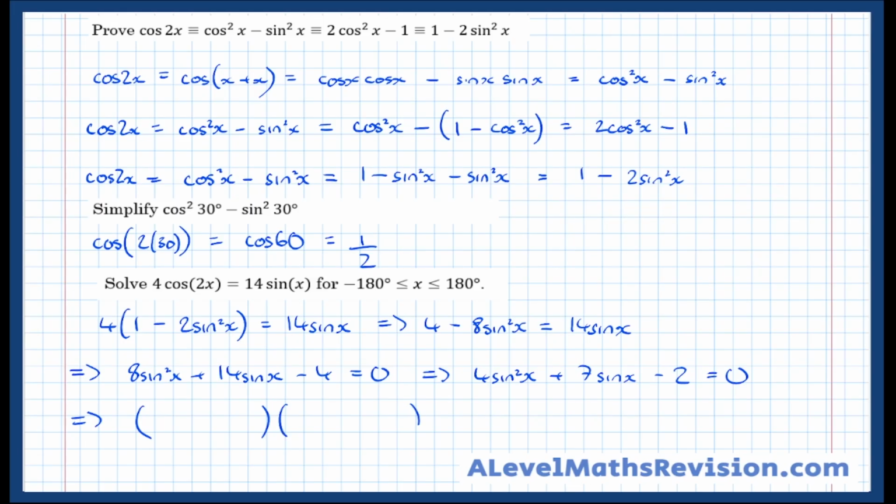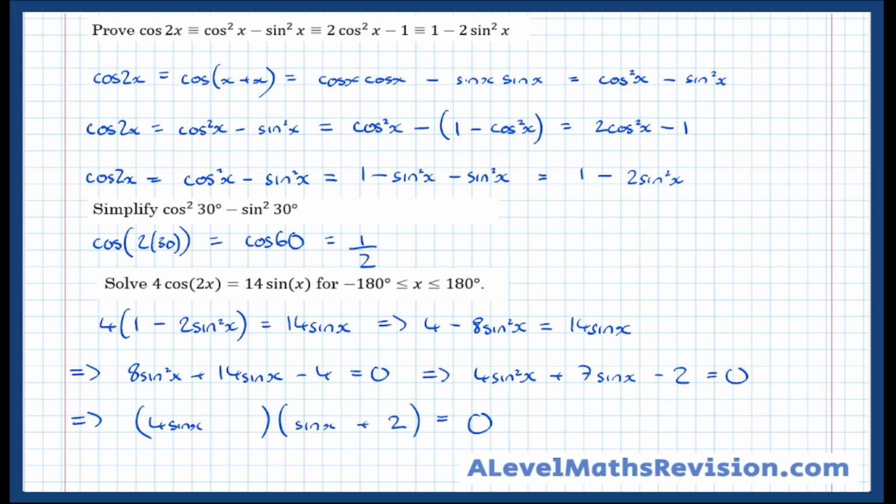Let's keep going, which implies that, and we could use our calculator as well. It's fair game to use the calculator, but let's pretend it says show detailed reasoning or show full working, and we'll try and factorize. So let's say 4 sine x and sine x. Let's see if that works.